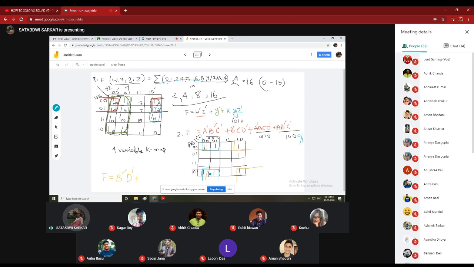The values of these cells are 1 0 0 0 and 1 0 0 1 and 0 0 0 0 and 0 0 0 1. So A is changing, B is not changing, C is not changing, but D is changing. So we can write this as B bar and C bar.